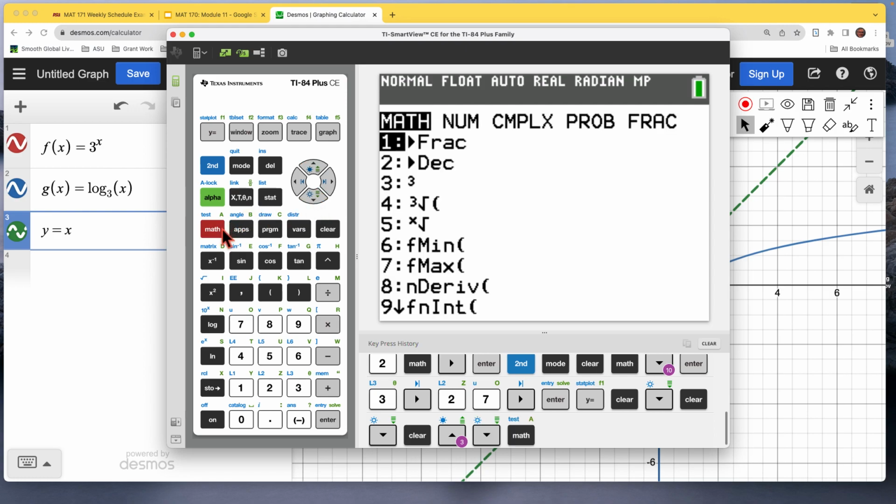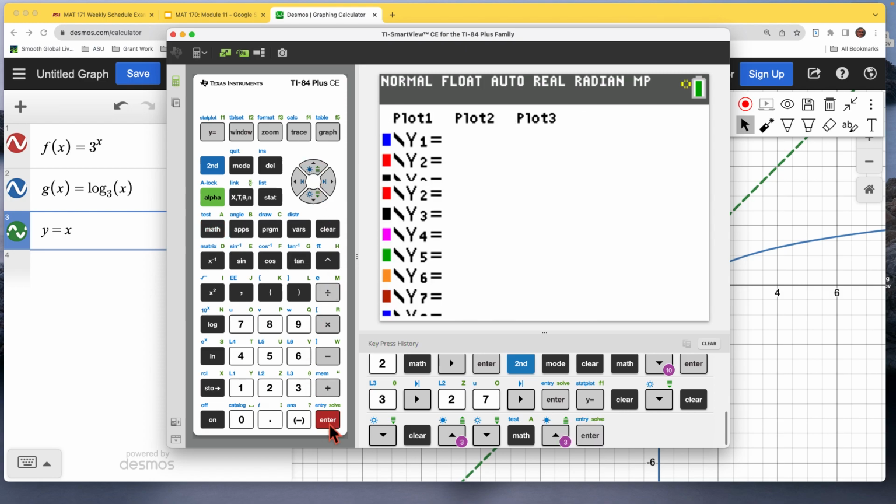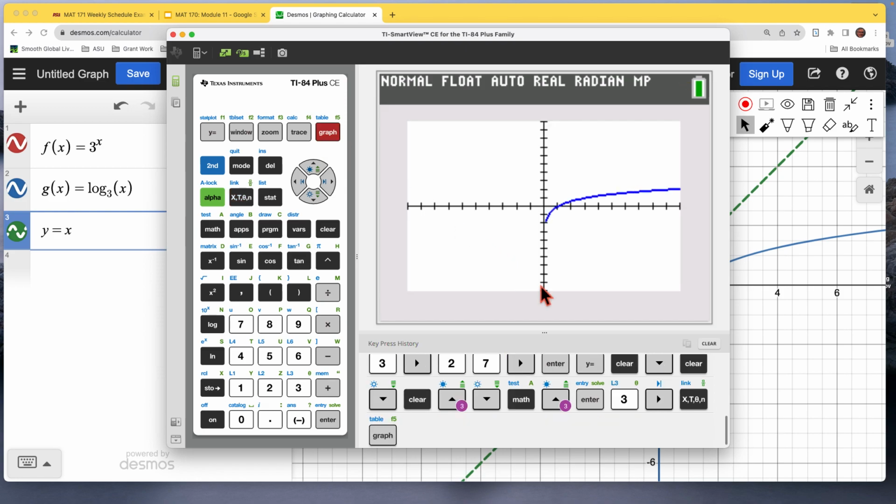I'm going to actually graph, and if you arrow up, I think you get to Logbase a little bit faster. So I'm going to put in Logbase 3 of x, and then graph it just like I did there. Now it looks like it just starts in the middle, but it's actually going down here. It's just that the calculator's features don't work real well.